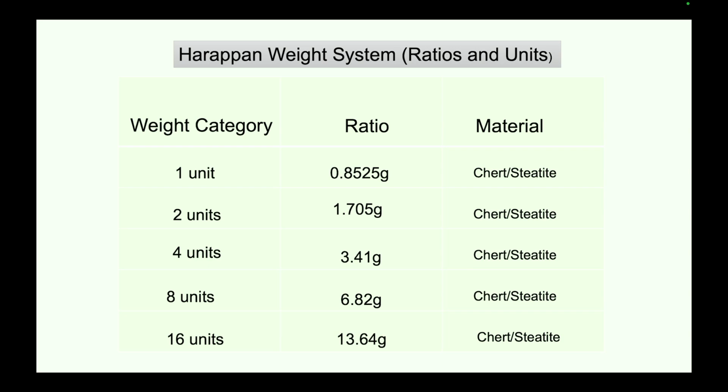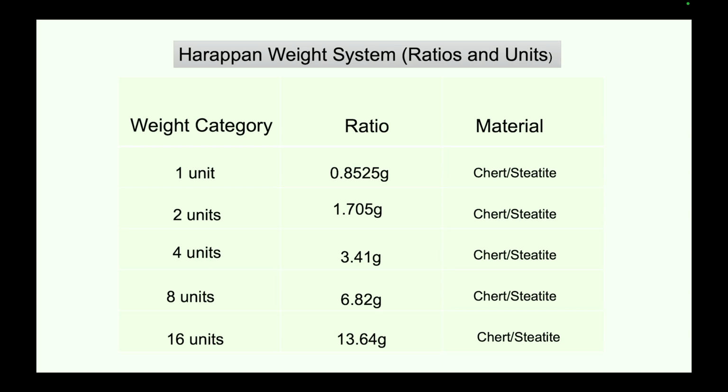Harappan weight system, ratio and units. Here are some examples of weight category, ratio and material. 1 unit is equal to 0.8525 gram and the material is chert and steatite.